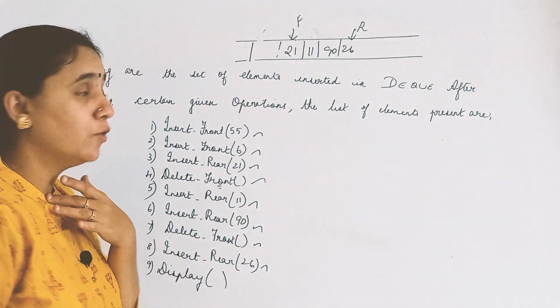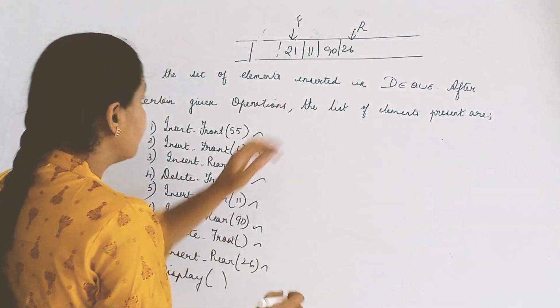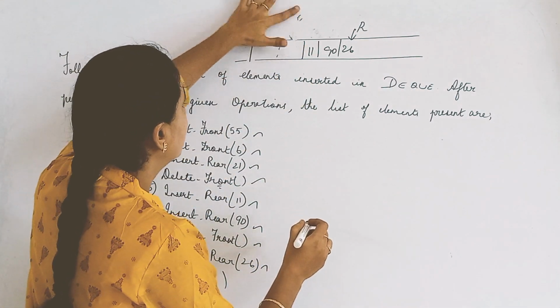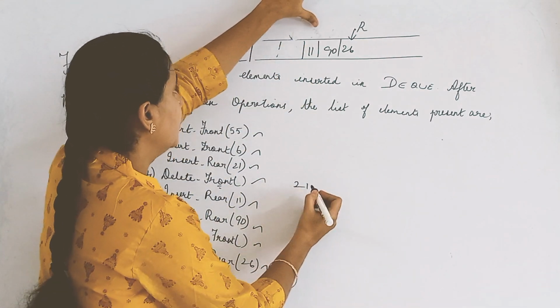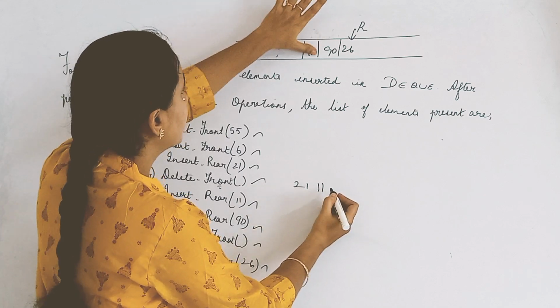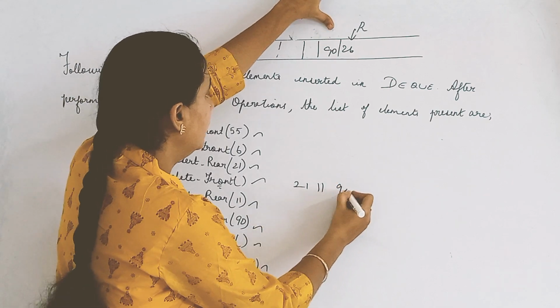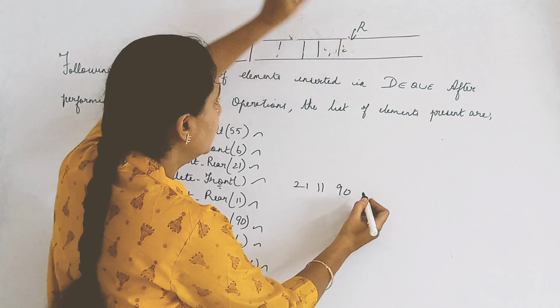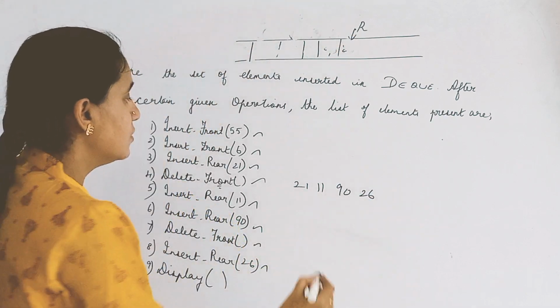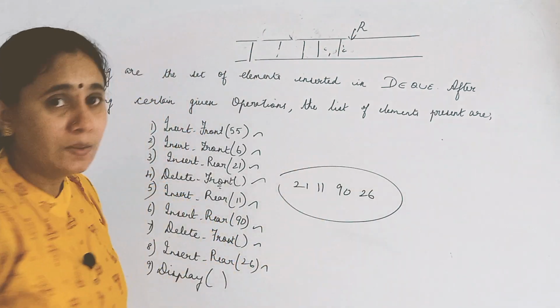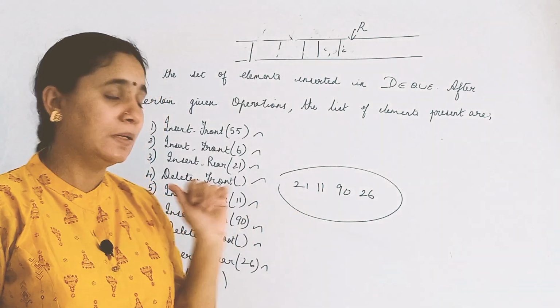That is for display alone I am telling. So 21 will be removed, so front is going to point here, 21, and 11 is removed, and then 90 is removed, and then 26. So this is the final elements present in the DQ data structure.